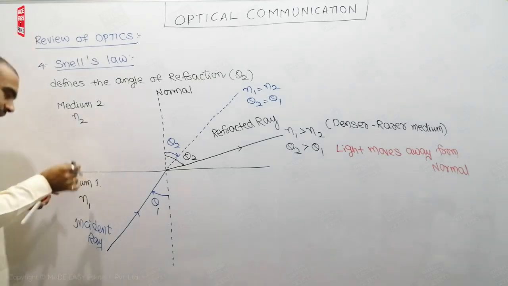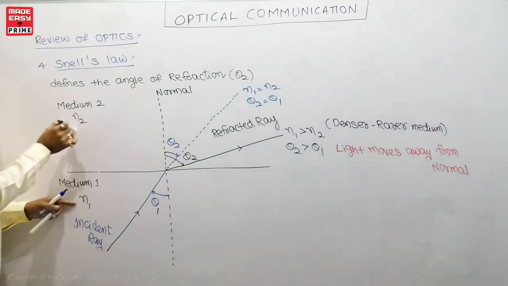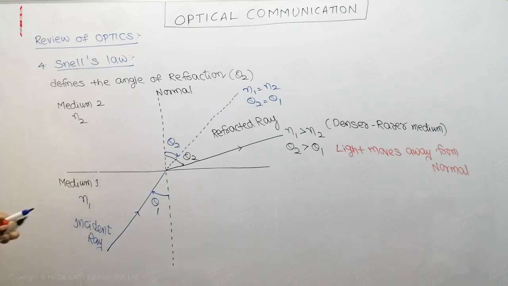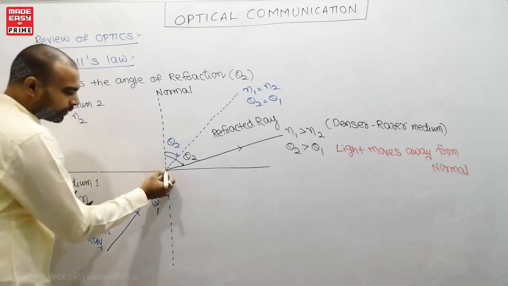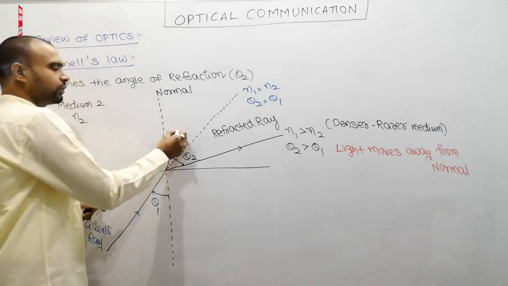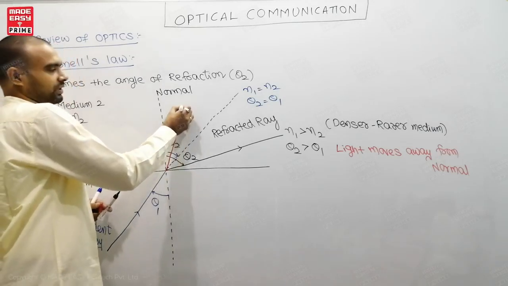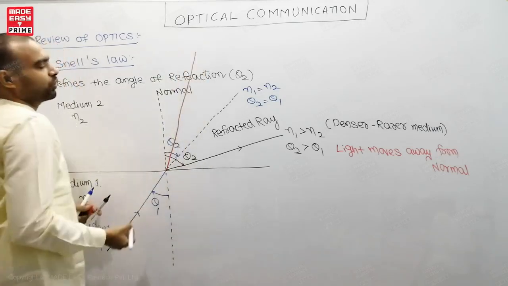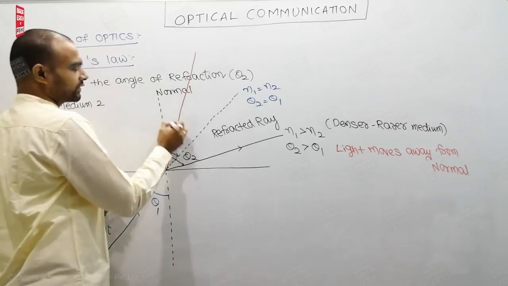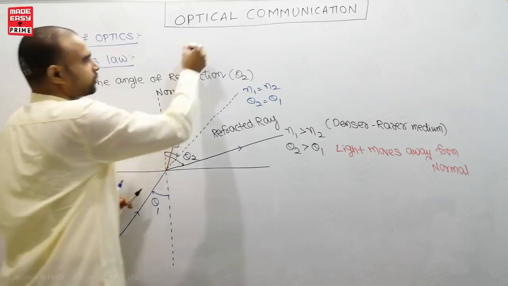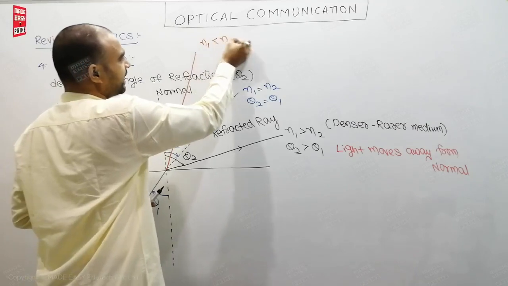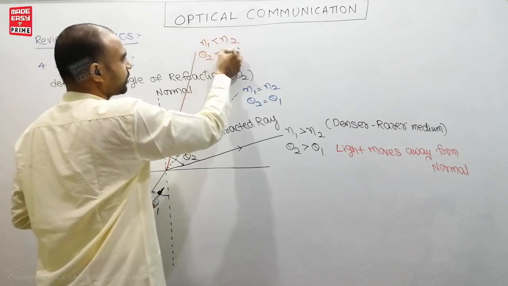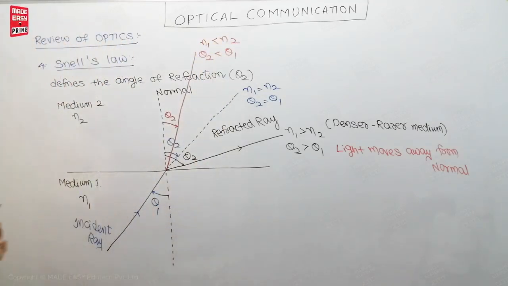For example, N1 is rarer and N2 is denser. Just follow the red color pen. The light will move towards the normal. This angle is called theta 2. So N1 is less than N2, then definitely theta 2 is less than theta 1.